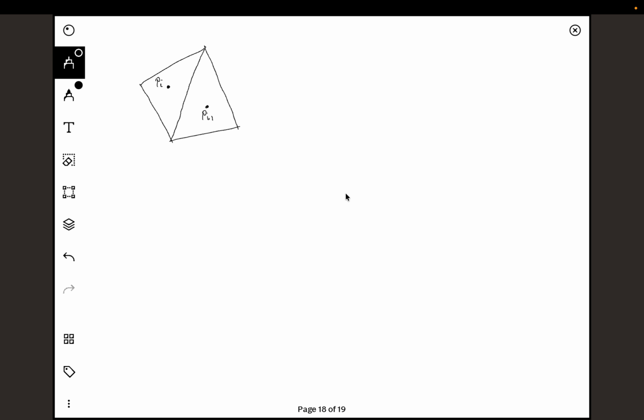This is my I+1 cell or so on. Maybe use different notation, let's say the same notation. This is my P and this is my E. Now, do you see the difference here? If I join the cell centers, the angle between them is not equal to 90 degrees.